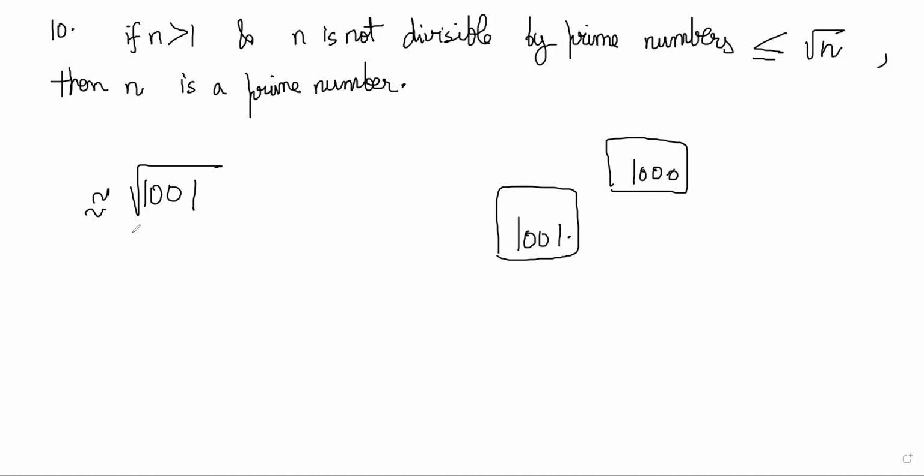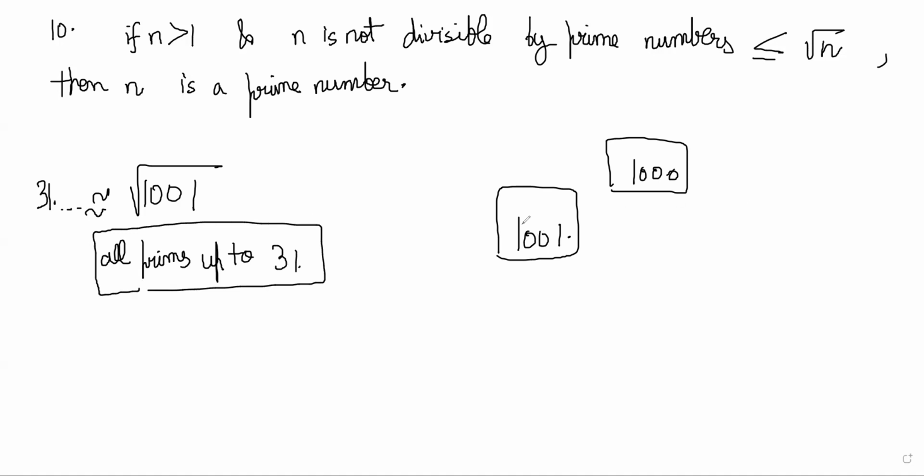So it is 31 point something, right? So what we will do is we have to check all the primes up to 31. And if 1001 is not divisible by any prime up to 31, then we say that it is itself a prime, right? So the number is a prime number if it is not divisible by prime numbers less than or equal to root n. That is the criterion here.